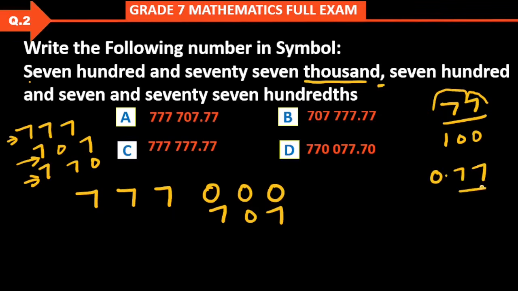Therefore, this one is read as 77 hundredths. Therefore, we go ahead and write that 0.77. You see this one, it should appear on the decimal side because it is not a complete whole number and it is hundredths. Therefore, it should appear there.